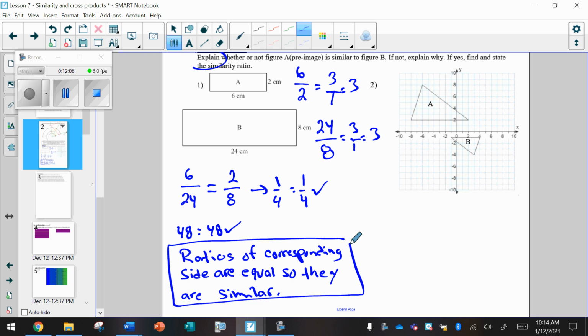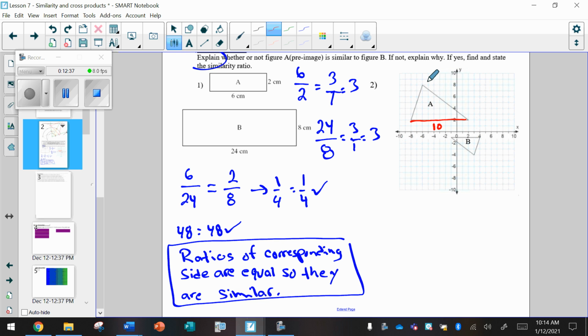So what if we have two triangles on a graph? Well, we can do the same kind of thing. We can take the lengths that we can actually count and compare the ratios, either the ratios of the lengths between the two triangles or the ratio of the lengths within each triangle. So let's count the base here. That would be 1, 2, 3, 4, 5, 6, 7, 8, 9, 10.